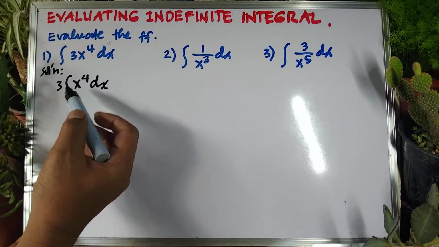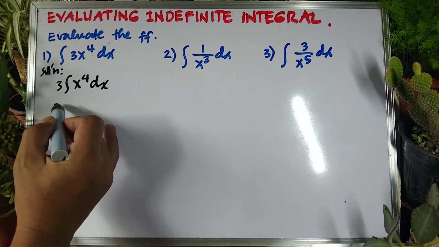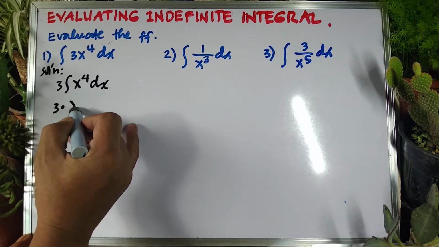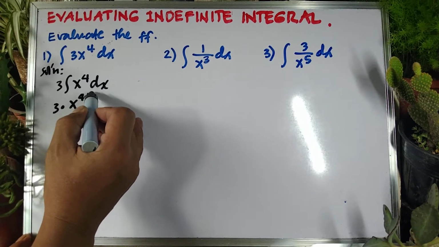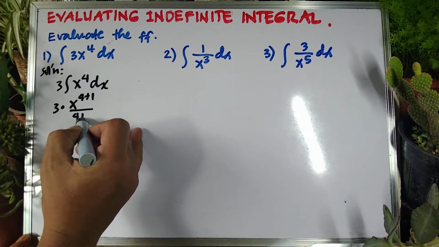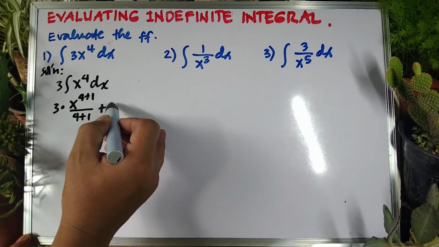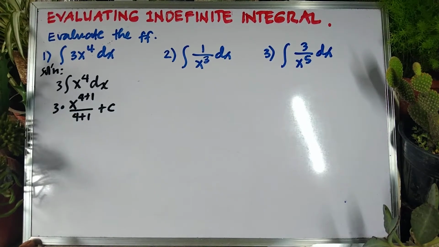Now, applying the power rule, you could have 3 times x to the 4 plus 1 over 4 plus 1, then plus the constant of integration. Take note that we are in the anti-differentiation, meaning mag-add ta og 1 sa iyang exponent. Sa differentiation, mag-minus tag 1 sa iyang kuan. Inverse lang man sila na operation. The inverse operation of differentiation is anti-differentiation.